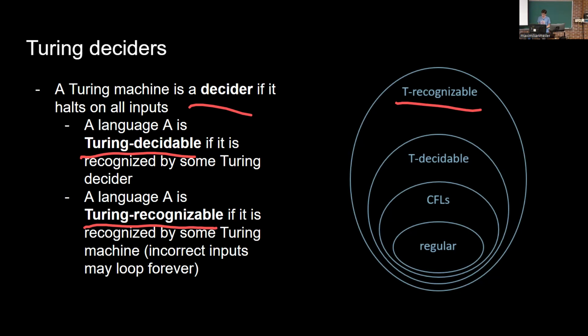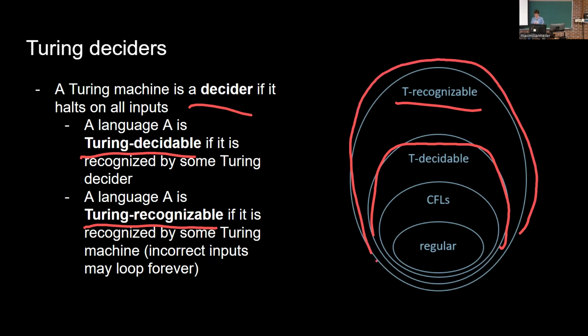So here in this Turing decidable bubble, this is the perfect machine that will accept if it's correct and reject if it's bad. And this one will accept it if it's correct, but who knows what it'll do if it's incorrect. It may just loop infinitely.